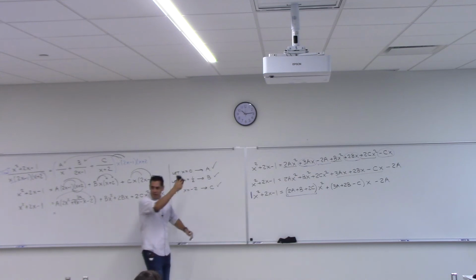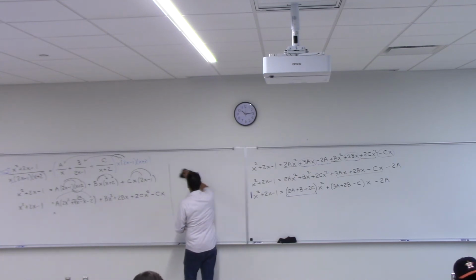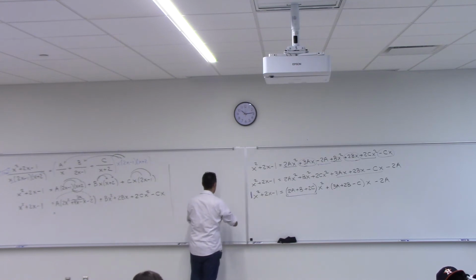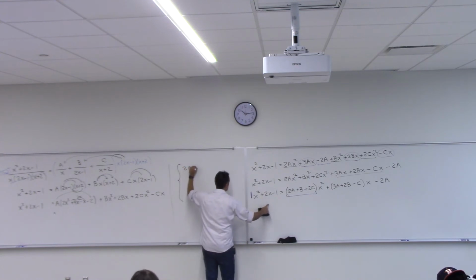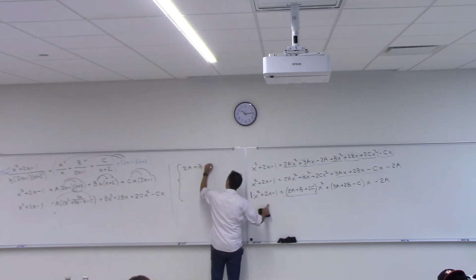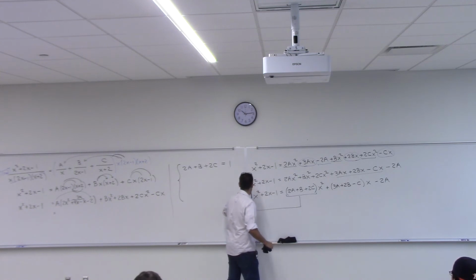I'm about to create a system of equations, and normally when we write a system of equations, we put a big old brace like this. I know that 2a plus b plus 2c must be 1, right? Must be that coefficient. So that must match that.